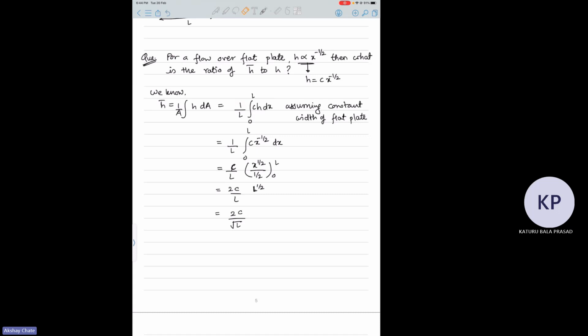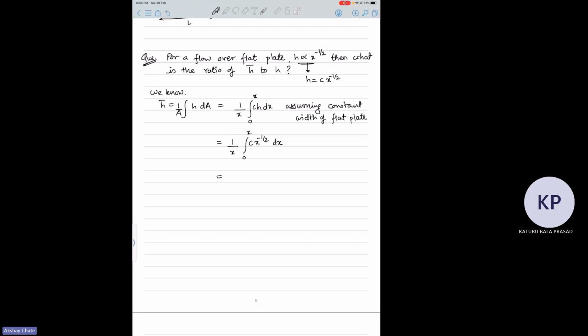So we should not put the limits here, otherwise the whole thing reduces to L. You know this is a surface integral, so till whatever x we are talking about, we can consider this. Instead of putting in terms of L, because that will be the total, you should put up to some x. Then you'll get, up to that x, what is your average heat transfer coefficient and what is the local heat transfer coefficient at that x.